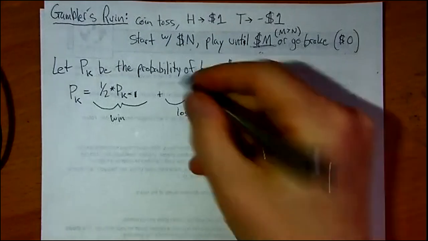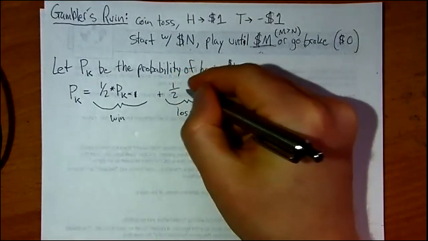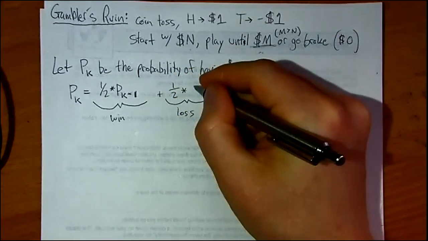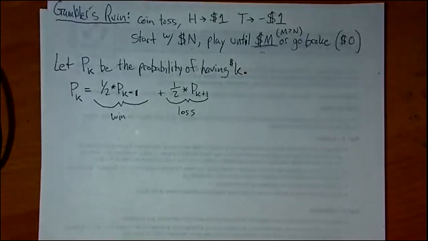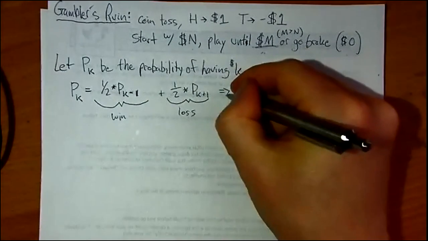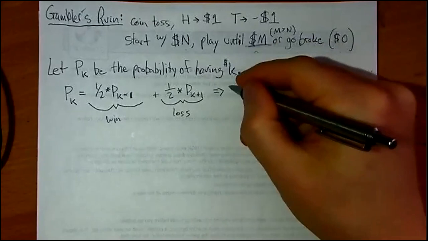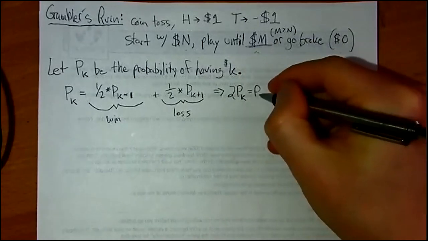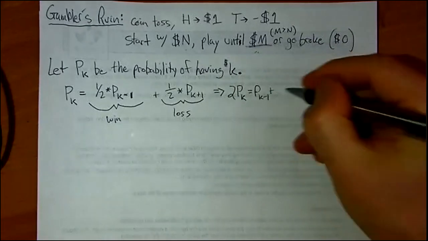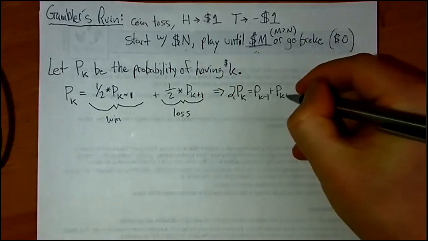Or there's a 1/2 probability that you lost from having K plus $1. How about we multiply this whole thing by 2, both sides of the equation? Then we have 2 P sub K equals P sub K minus 1 plus P sub K plus 1.